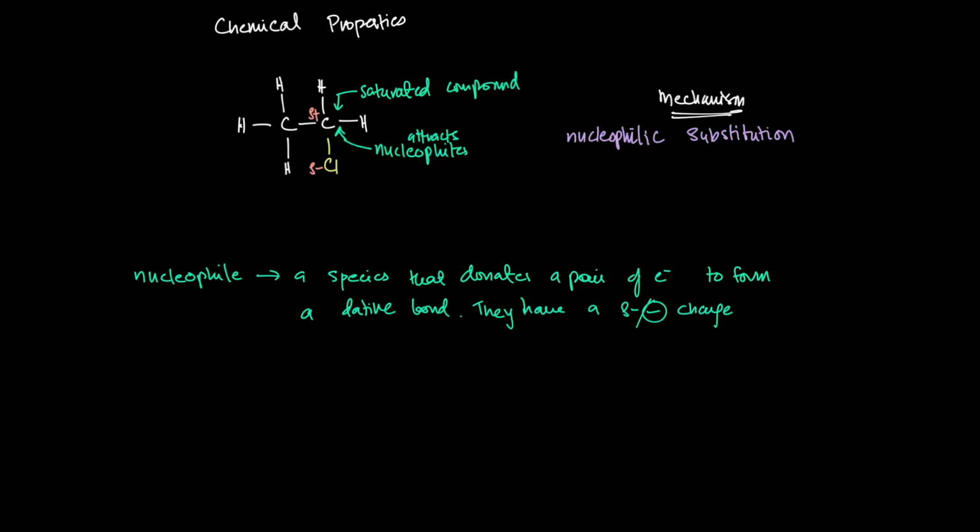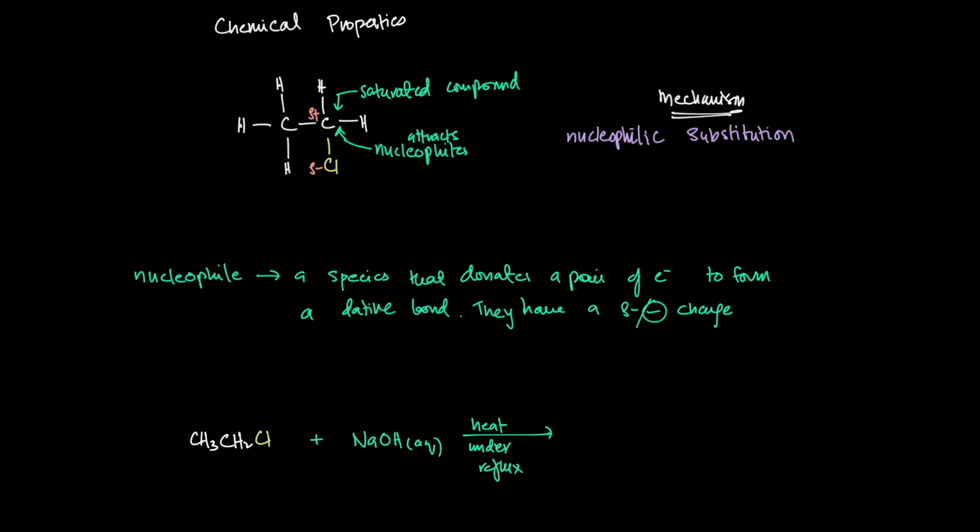So the first nucleophilic substitution reaction that we're going to look at is this one. Let's say that I have chloroethane, and I react this with NaOH aqueous and heat under reflux. I already explained to you guys what heat under reflux is.